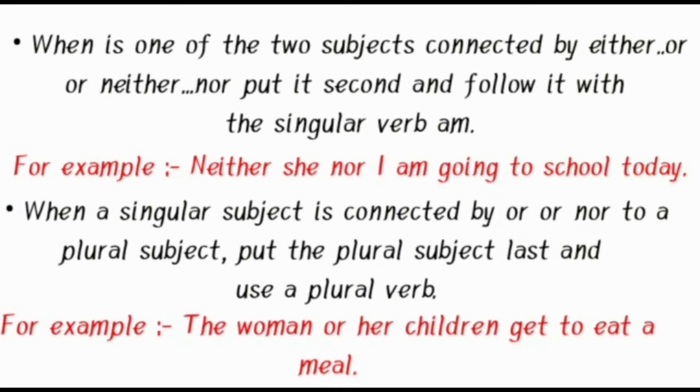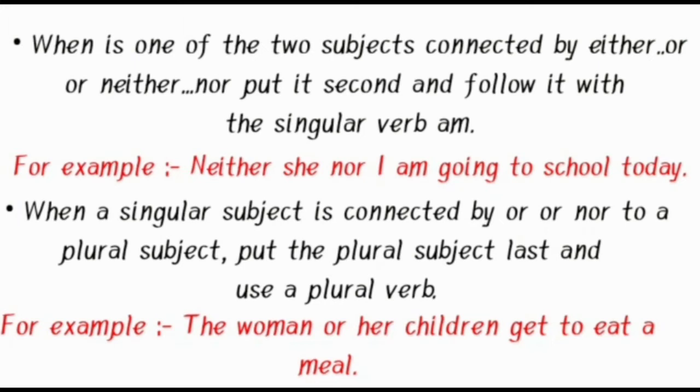Get to the next point. When a singular subject is connected by "or" or "nor" to a plural subject, put the plural subject last and use a plural verb. The woman or her children get to eat meal. So look at the rule.